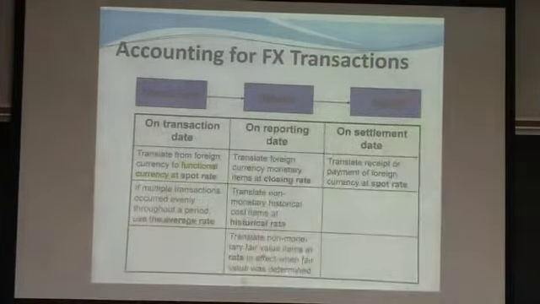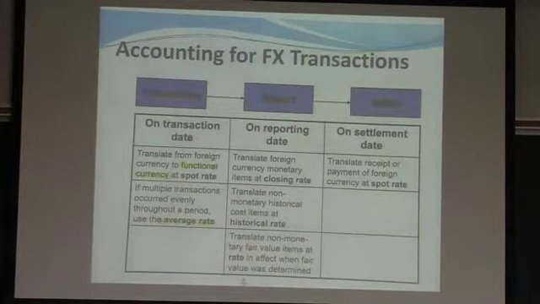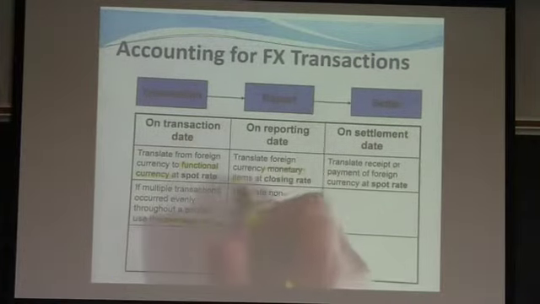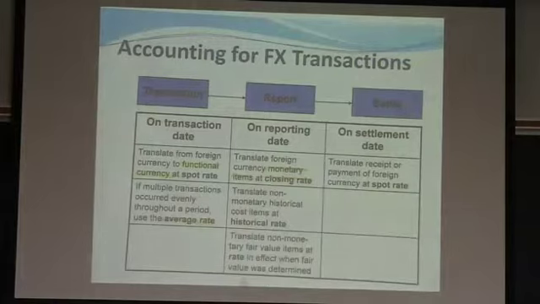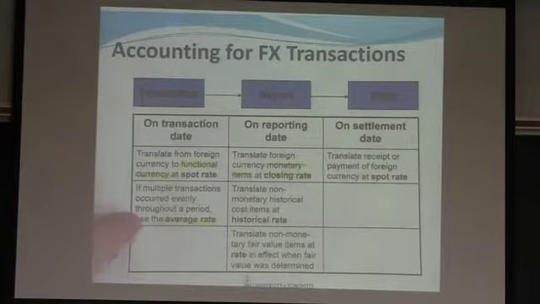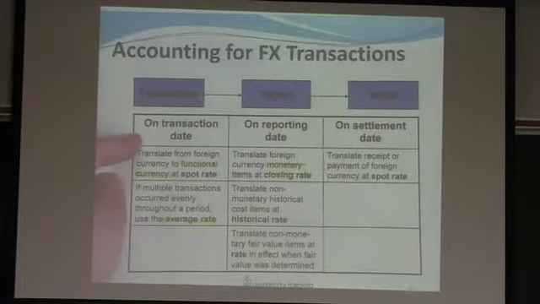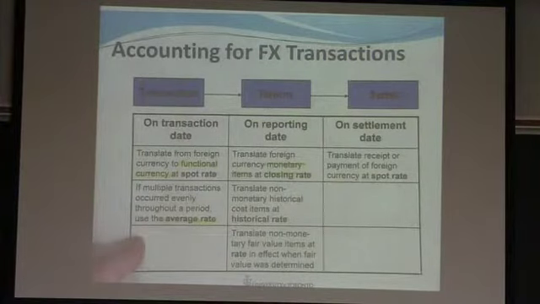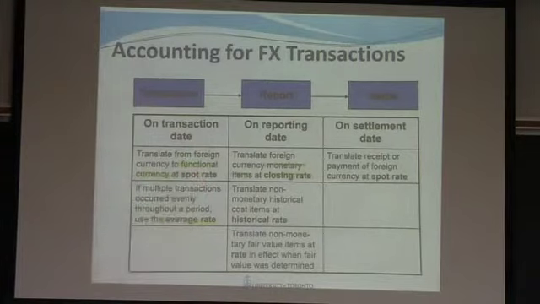Now, on reporting, this is when you have a financial statement year end and these receivables and payables have not been settled. Then we need to translate only monetary items at the closing rate. So, for example, if we purchased inventory on account, on the date of transaction we record inventory debit and credit accounts payable, both at the spot rate on the date of transaction.